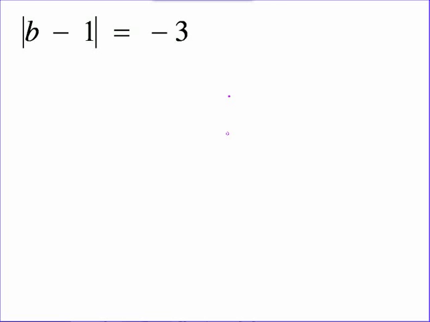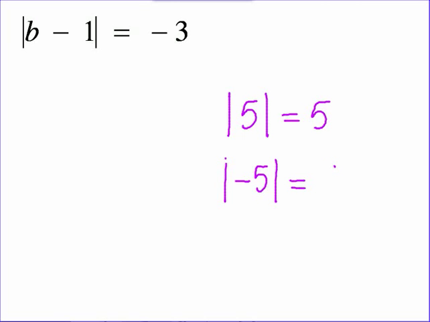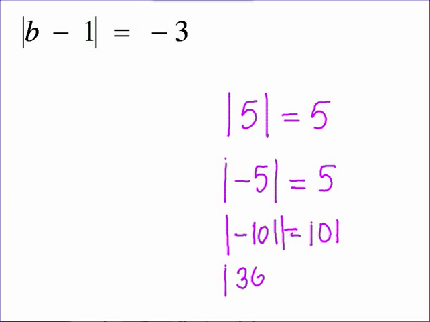So you told me that the absolute value of 5 is 5, right? Yeah. You told me the absolute value of negative 5 is 5. Yeah. What's the absolute value of negative 101? 101. And what's the absolute value of 36? 36.